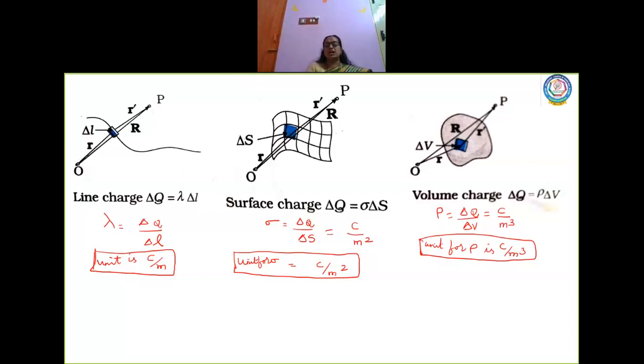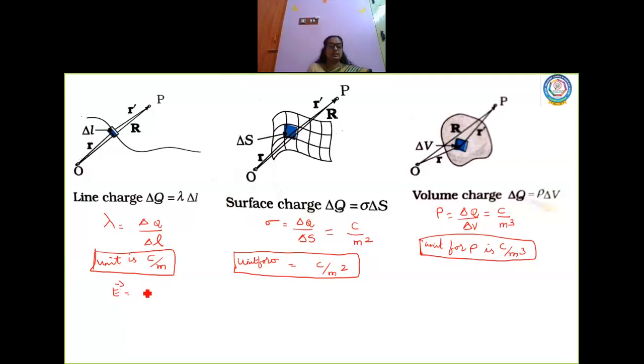So all these are used to find out the electric field due to a continuous system of charge distribution. To find out the electric field, we can go for the formula that we used to calculate the electric field for discrete charges. What is the formula for electric field, children? Again, I am coming out with the formula.